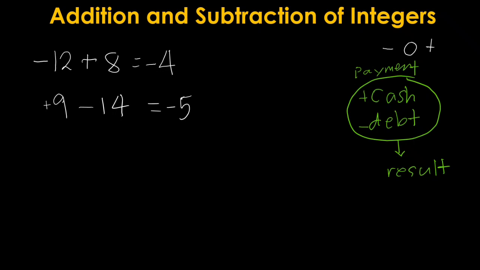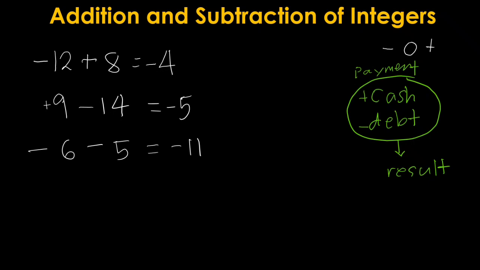Your debt is still 5. It's negative 5. Now suppose we have negative 6 minus, say, 5. In this operation, we don't have cash, we only have debt, so you just simply add all the debts you have. That's negative 11.